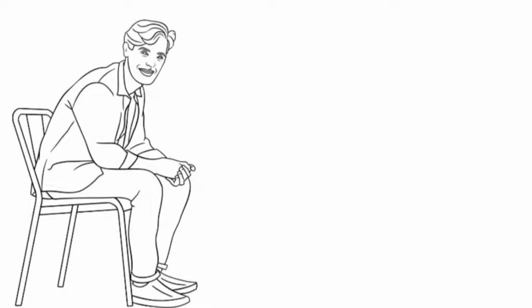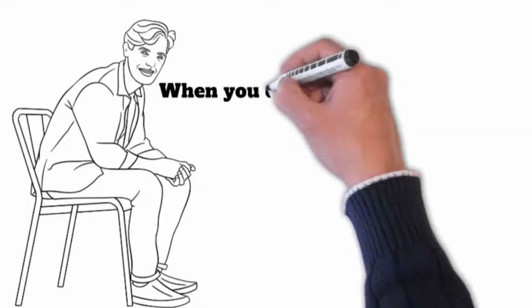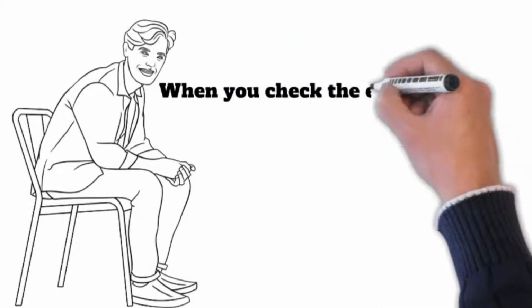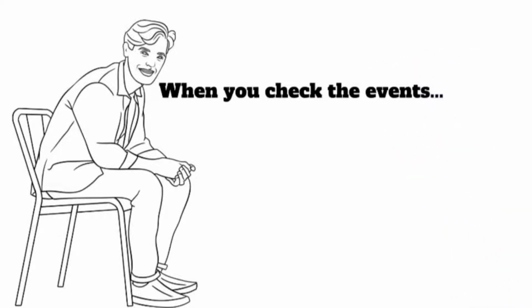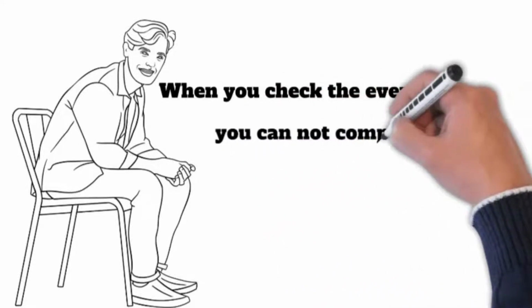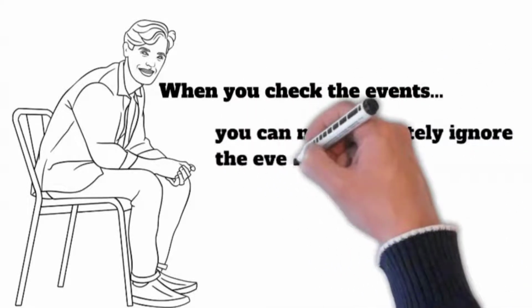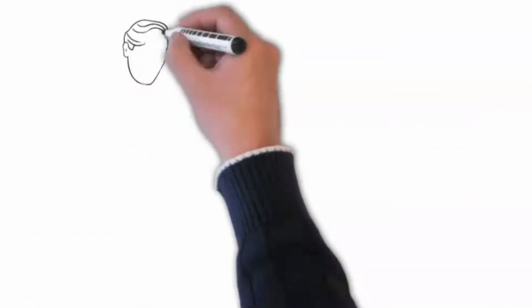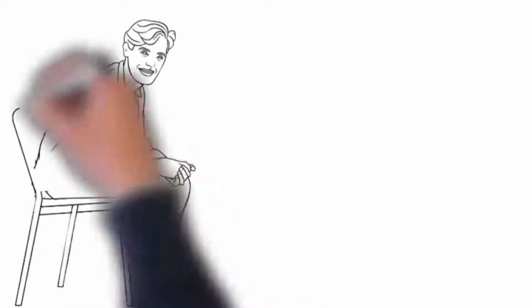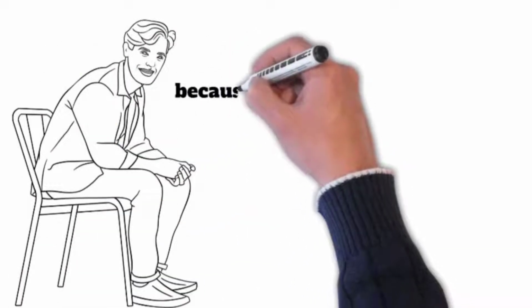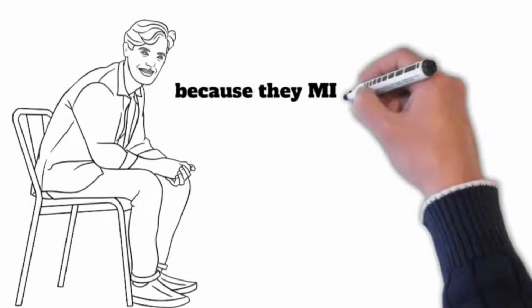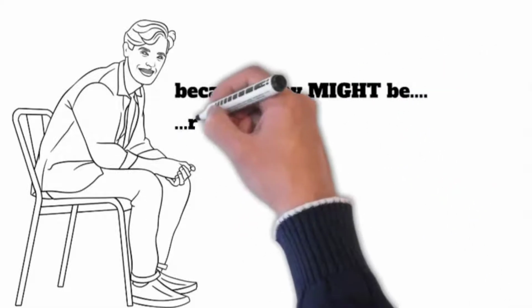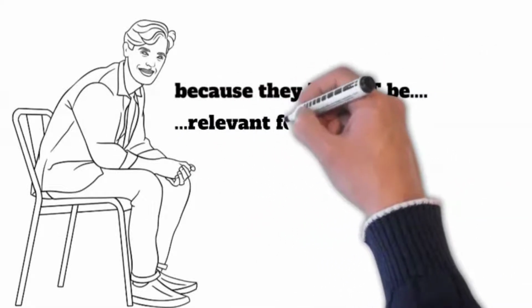Then, what do you do next? You keep one thing in mind. When you check the events and something is tax-free, then you cannot ignore it completely, because the exempt events might be relevant for some particular question, for the proviso safeguarding progression.